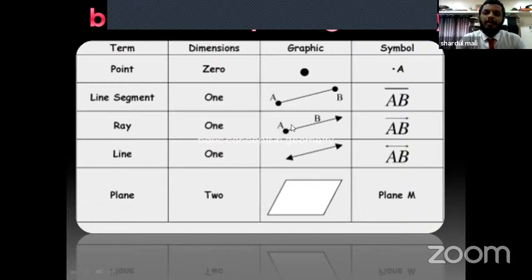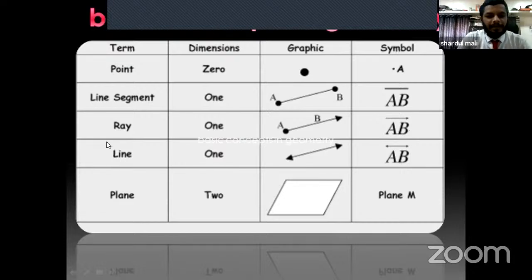It means that it expands to that side. So the ray has an end point on one side and an arrowhead on the other side. And in the last column we can see how to write or read the name of the ray. It is ray AB.